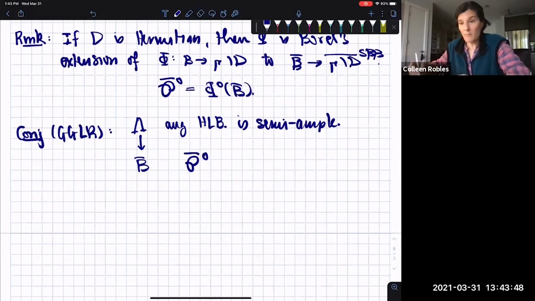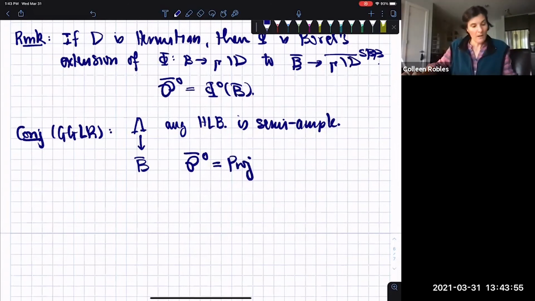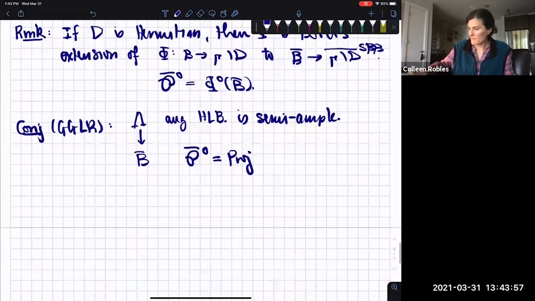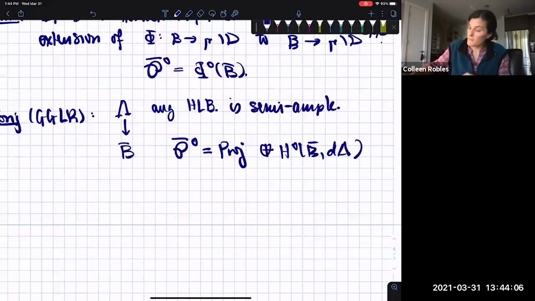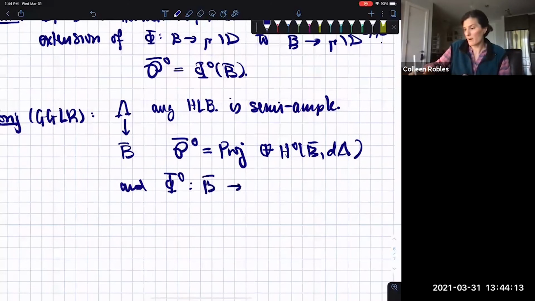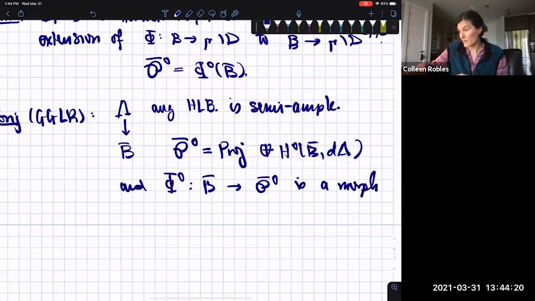That geometric object is the image of this map. Augmented Hodge line bundle, and this a priori just continuous map from B bar into B hat is a morphism of algebraic varieties.